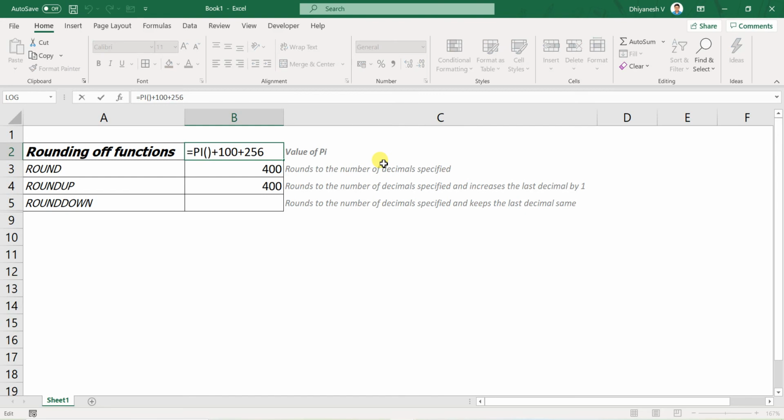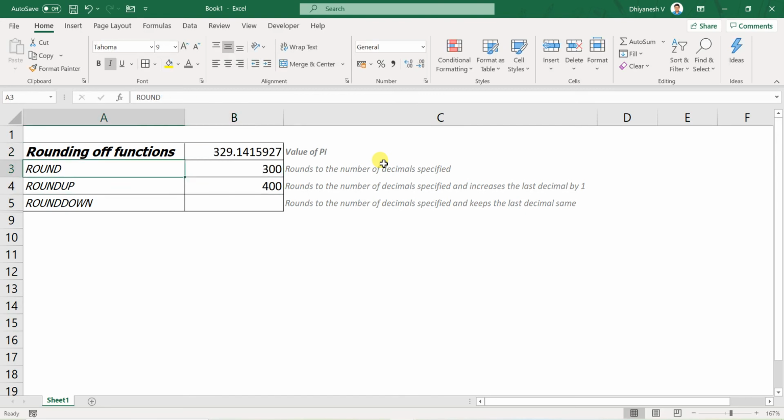If I just say minus 30, you will see round off function gives your answer as 300, but round up function gives you the answer as 400. So this is similar to the case where we saw using in the decimal points. And round down functions, again it will give you the result that is lower than the specified number.